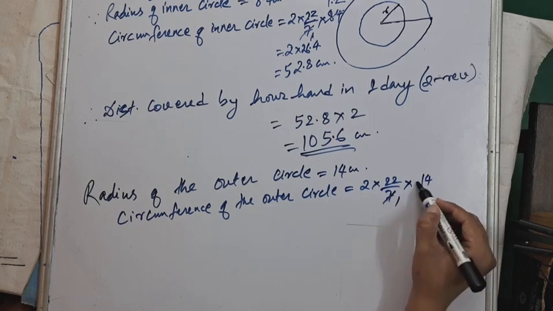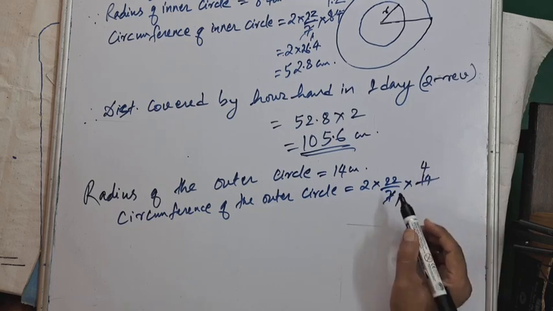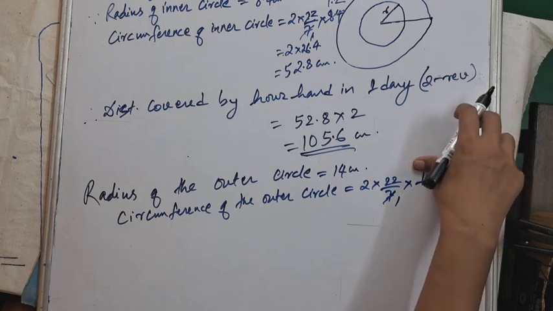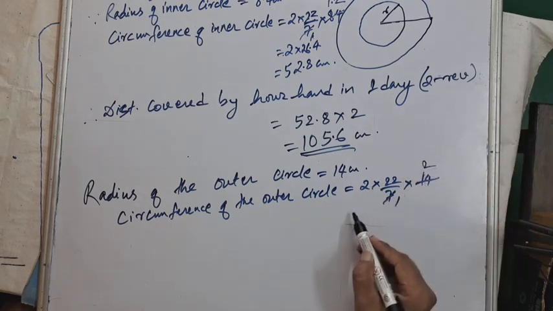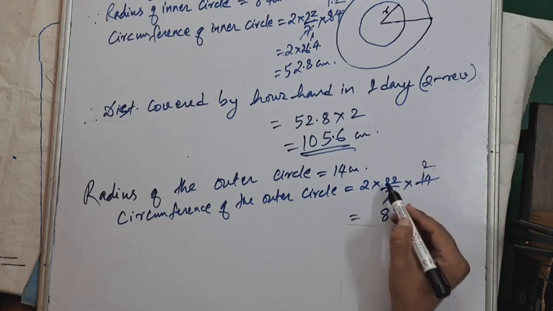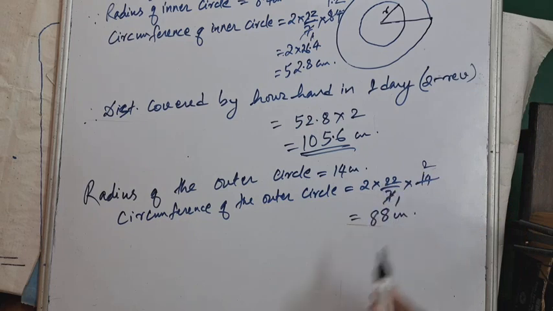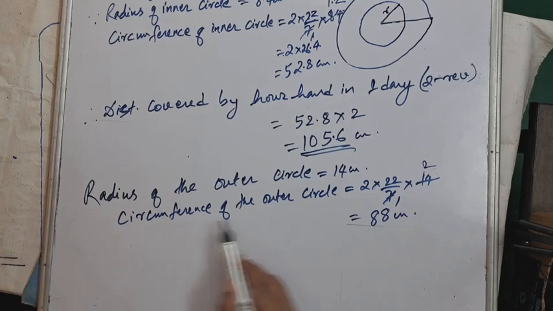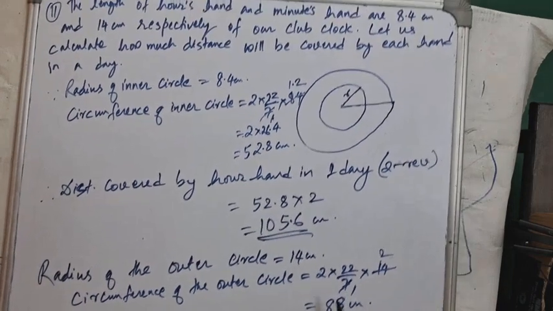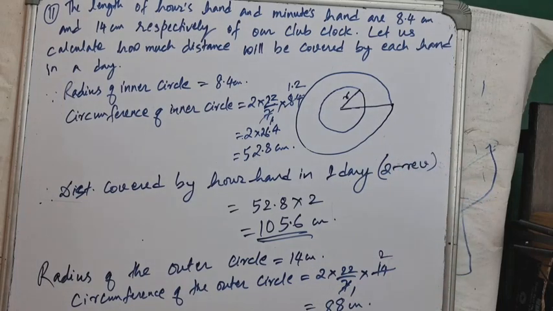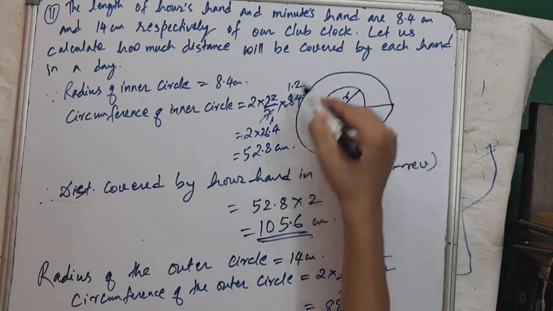So 7 2s are 14, 2 2s are 4, which means 4 2s are 8, 88 centimeter. So the circumference of the outer circle is 88 centimeter. This means this minute hand will cover 88 centimeter in one complete revolution.